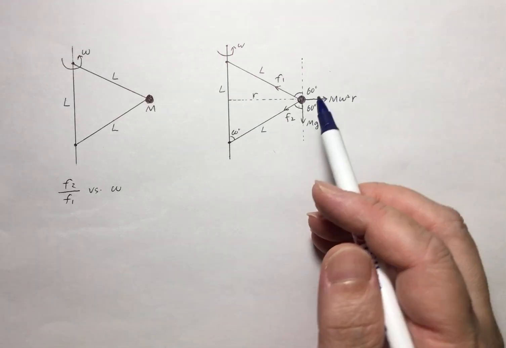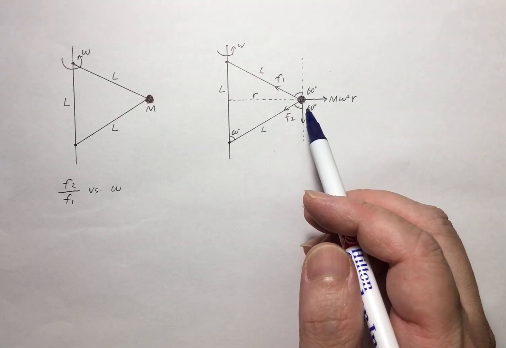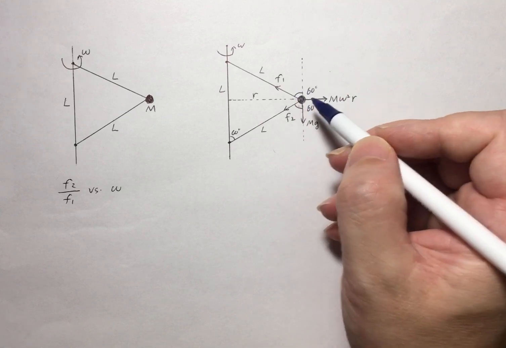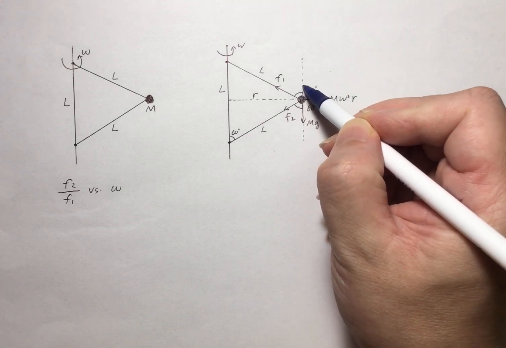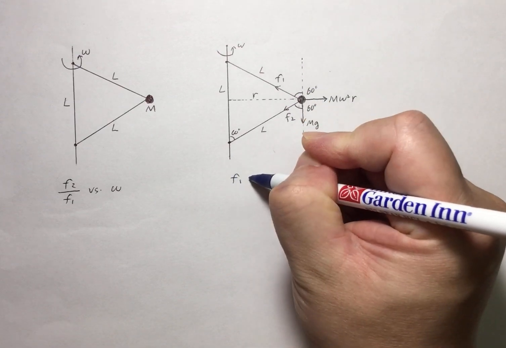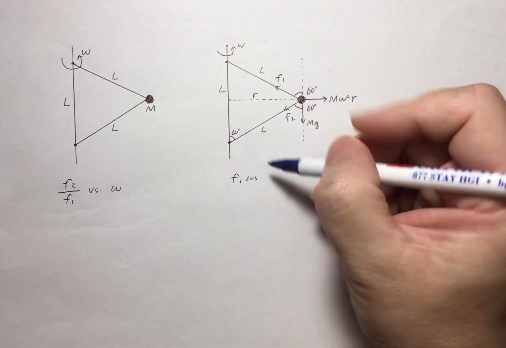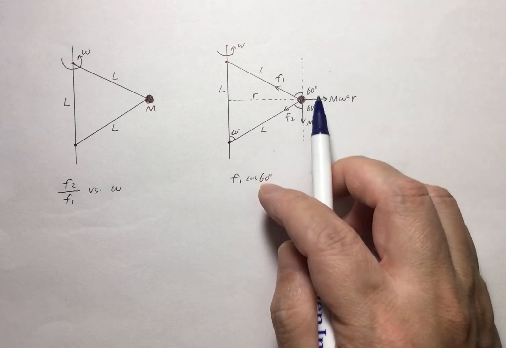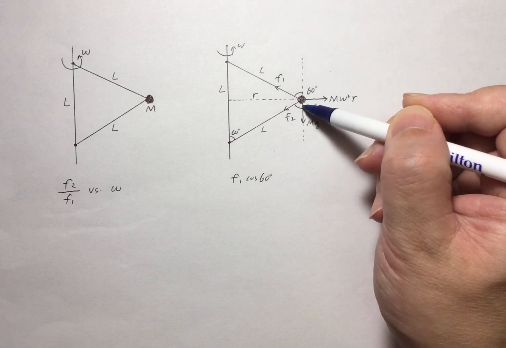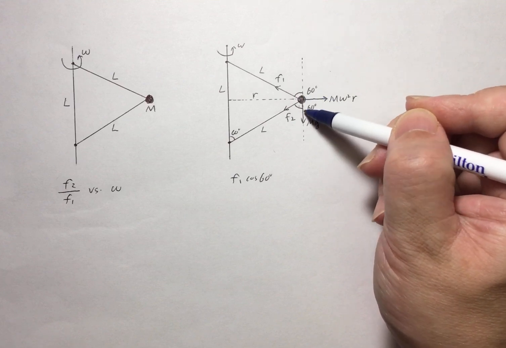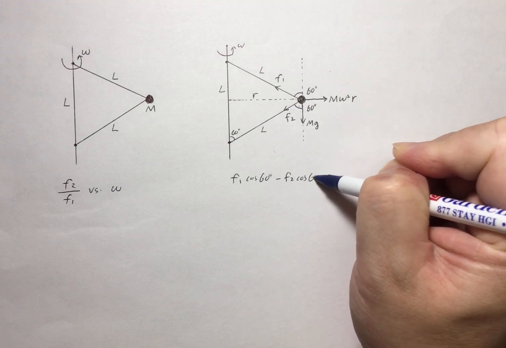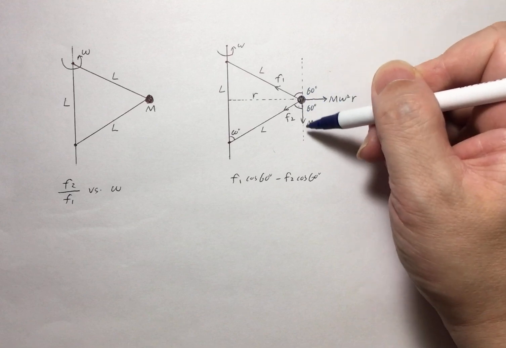Let's look at the vertical direction first. The component along the vertical direction of F1 is F1 cosine 60 degrees, and the direction is up. And then the component of F2 along the vertical direction is F2 cosine 60 degrees because it points downward.